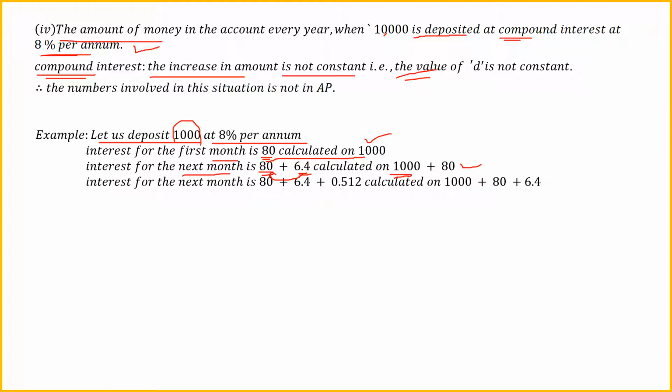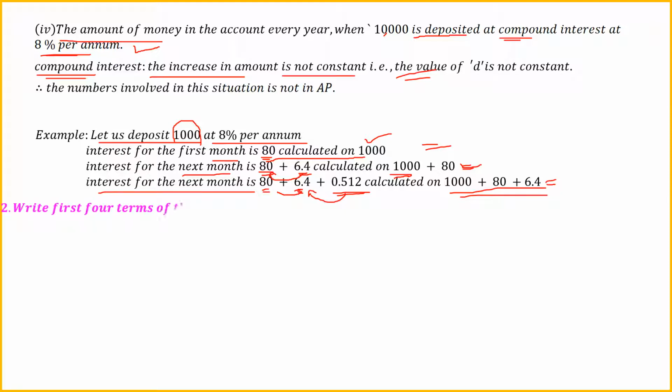The same way, interest for the next year would be 80, 6.4 and 0.512. This 80 is the interest on 1000, this is interest on 80, and this would be interest on 6.4. So it's something like this. When you add up your amounts, it will never form an arithmetic progression. You try it out as an assignment.